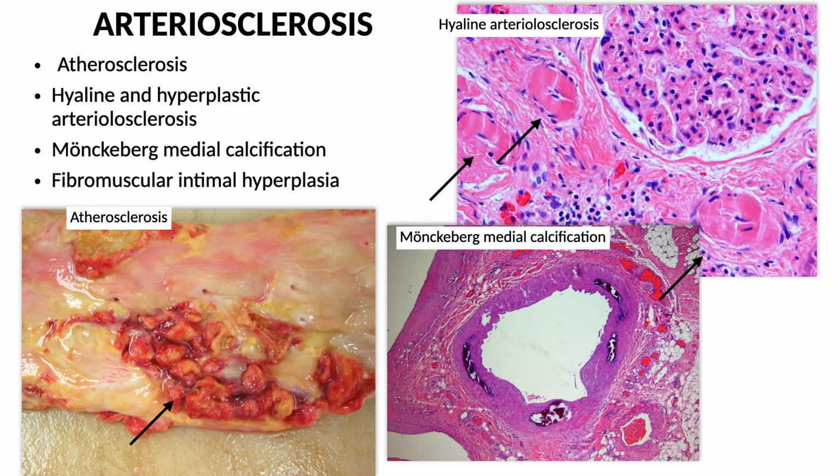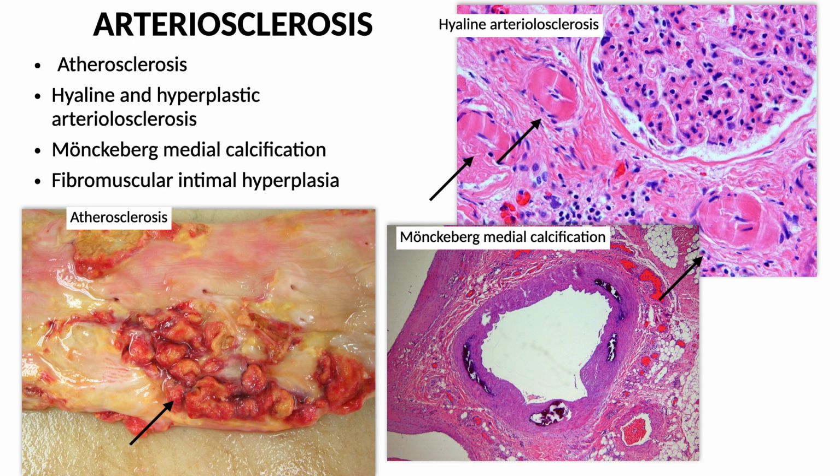The black arrow shows those reddish, orange, yellow nodules. That's all atherosclerosis. The top right is hyaline arteriolosclerosis, affecting the arterioles. The black arrows show arterioles with acellular pink eosinophilic thickening of the wall. That's hyaline, and it's associated with hypertension and diabetes.